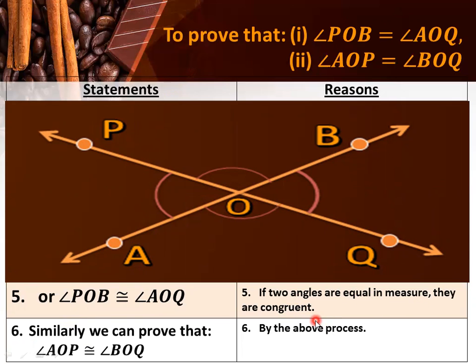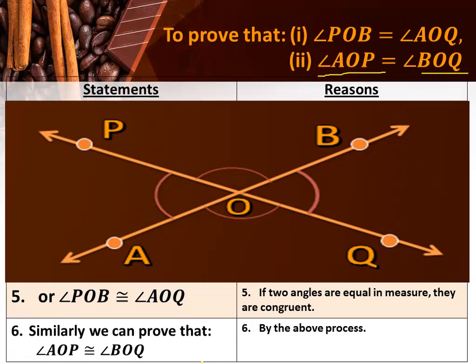What you have learned about congruent angles: if the measurements of the two angles are the same, you will say that they are congruent. Similarly, by repeating the same process, you can also prove the second thing, AOP and BOQ.